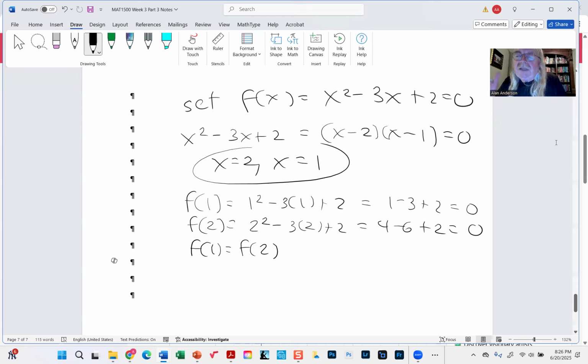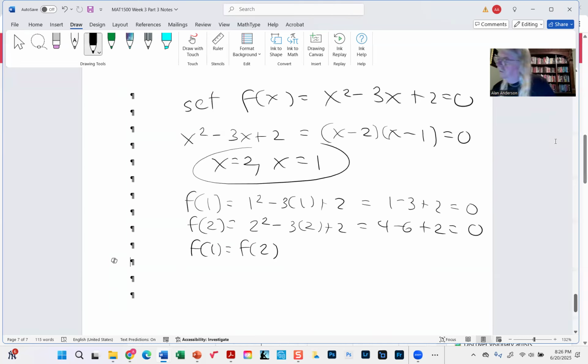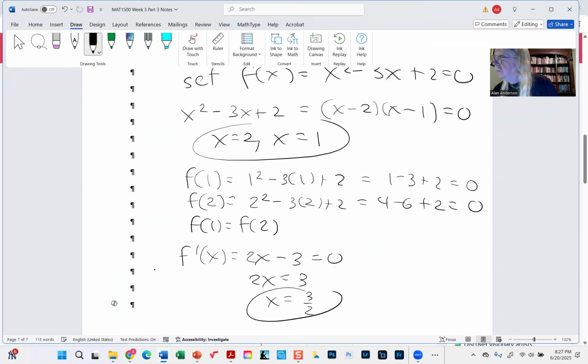And therefore, there's got to be a point in there somewhere where we can find a tangent to the curve that is horizontal. Now, where would that be? Aha. So in other words, within the interval 1 to 2, we must be able to find a point. Let's see what it is. And of course, 3/2 is in the interval 1, comma 2.